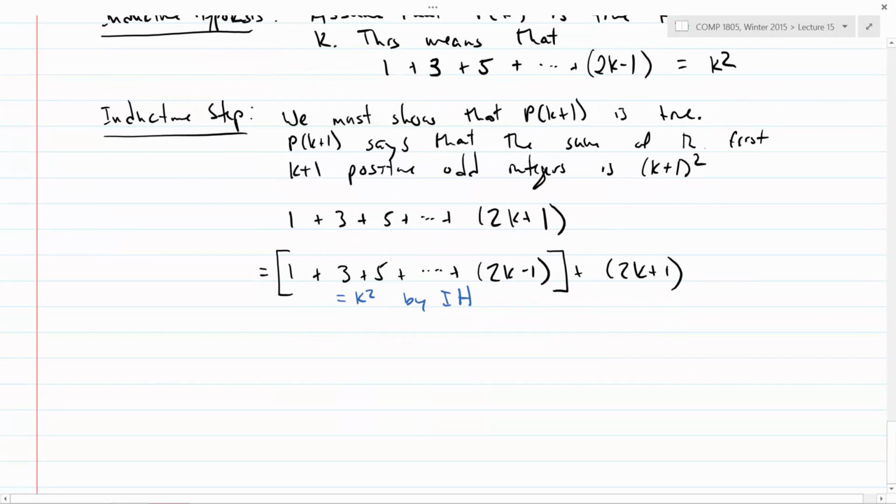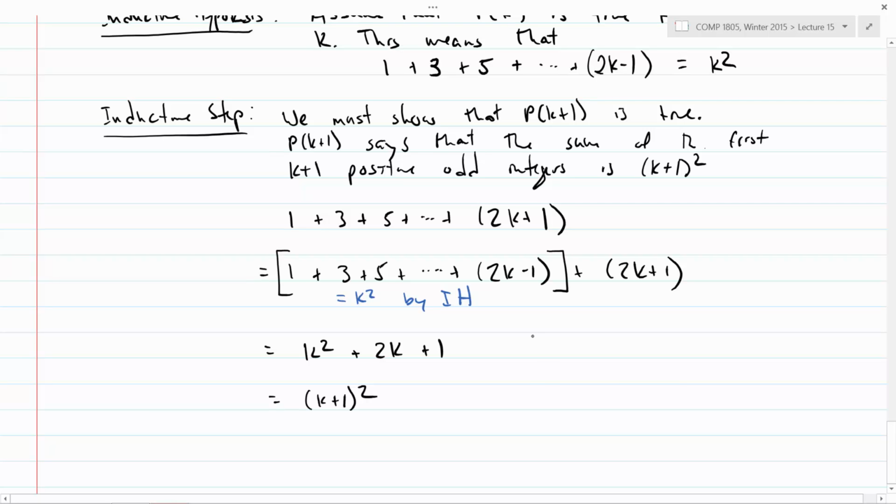So that means I can actually write k squared plus 2k plus 1. So that's kind of nice. Now I don't have these ellipses anywhere. What's k squared plus 2k plus 1 equal to? Yeah, that's (k plus 1) squared. If you factor that, you get (k plus 1) squared.